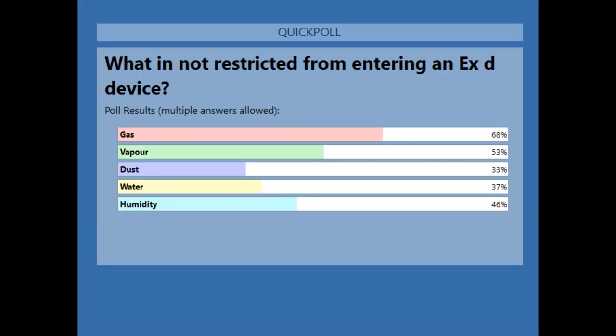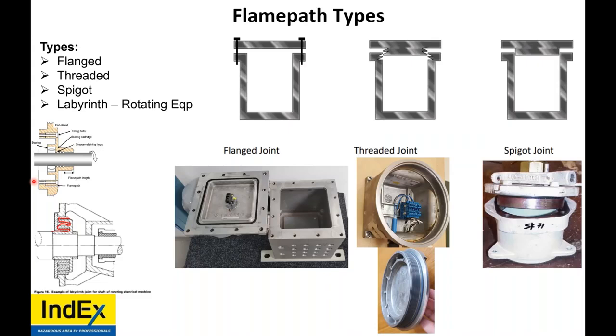We don't want explosions to happen inside. If it happens, it needs to be correctly tested, certified, and maintained, but it does not stop gas or vapor or humidity from entering. So the answers of dust and water, that is not correct on those ones.